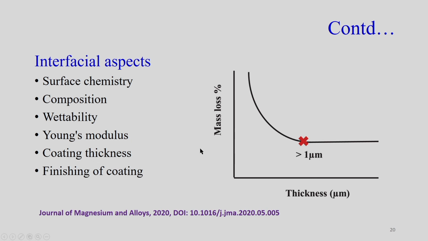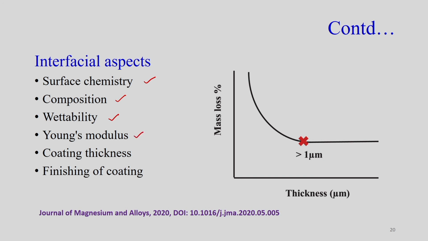So, different ways to tune the surface chemistry, what is the composition of the biomaterials. You can tune the wettability, we can make the highly hydrophilic or hydrophobic surface. So, if it is hydrophobic, it is expected it will not get wetted. So, it may improve the corrosion or degradation resistance.